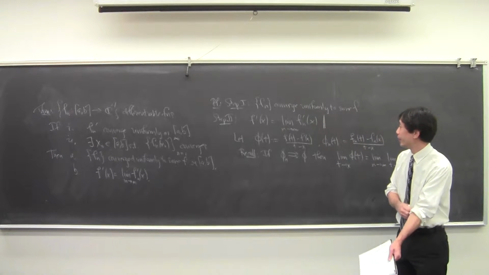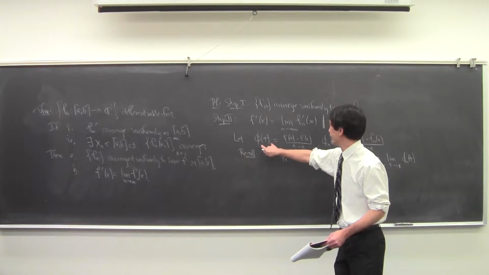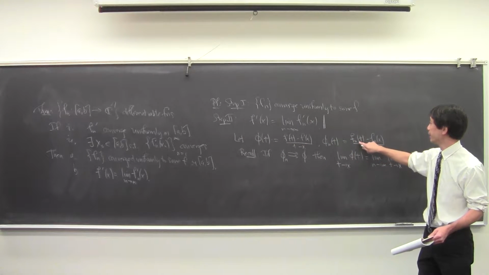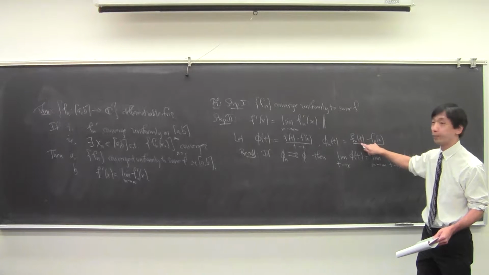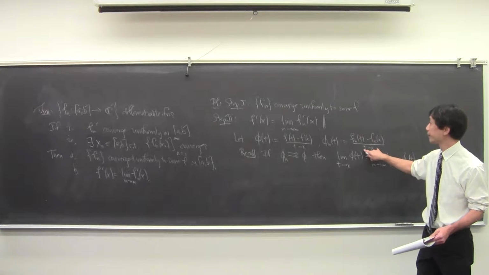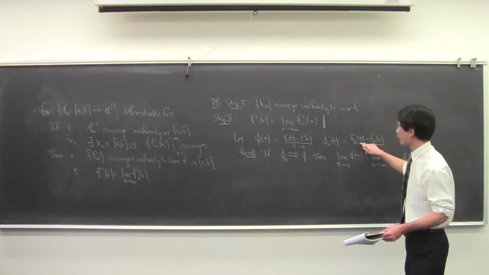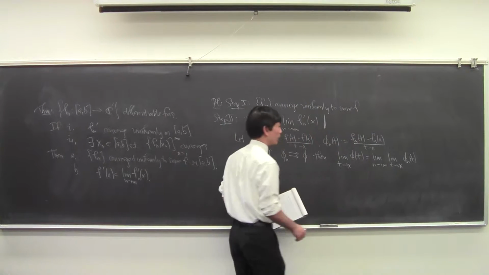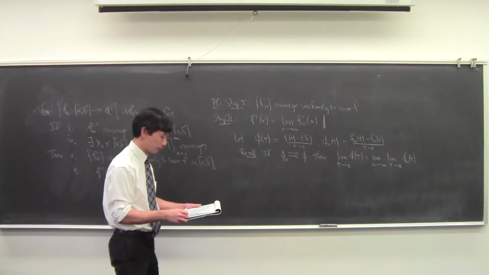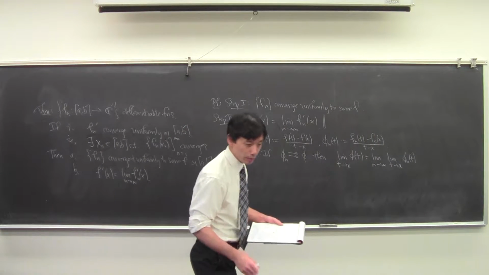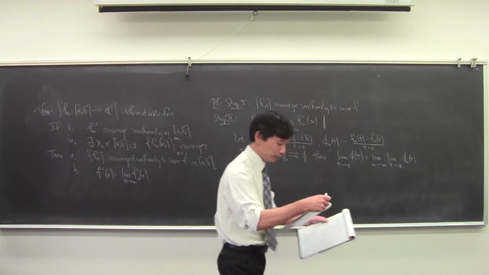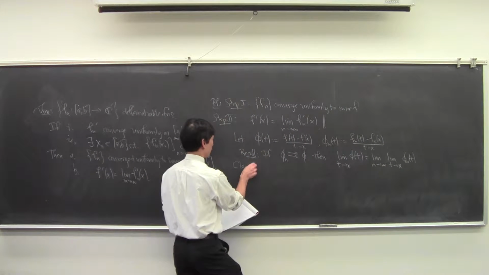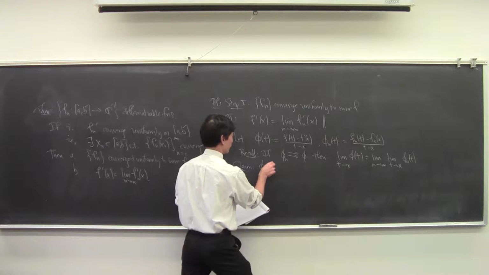We already know that they converge pointwise, right? Because the f sub n's go to f pointwise. So again, we'll use the Cauchy criterion, claiming that these guys converge uniformly.